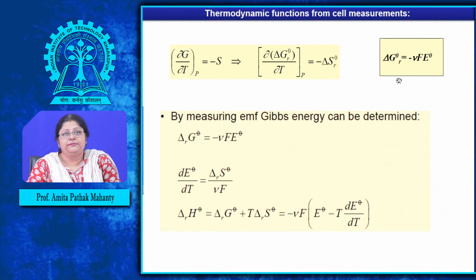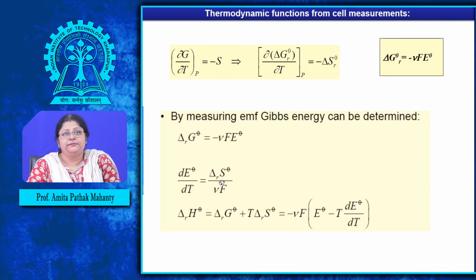If you can equate the two G's, then you get this, and this equation which you already have, you can put it here. Applying these two, you can apply delta G equal to minus S, equate the two, and get this value.